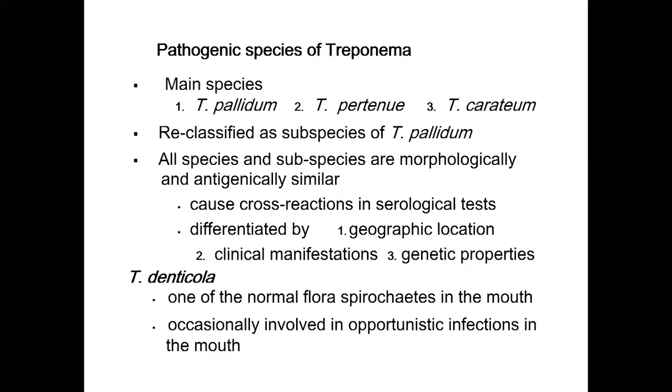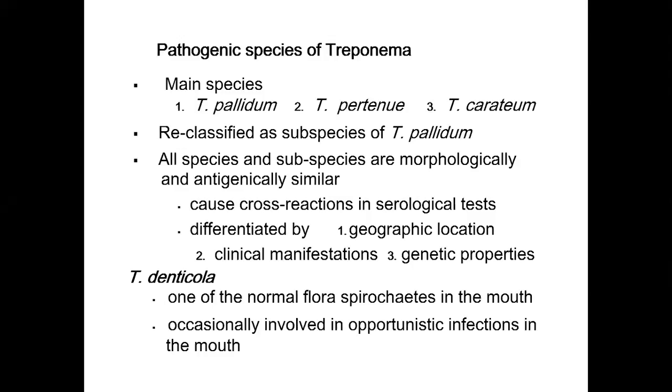Then there's Treponema pallidum subspecies pertenue, and Treponema pallidum subspecies carateum. So you can either look at them as subspecies of Treponema pallidum, or as they were in the past: Treponema pallidum, Treponema pertenue, and Treponema carateum. So either way, it's acceptable.